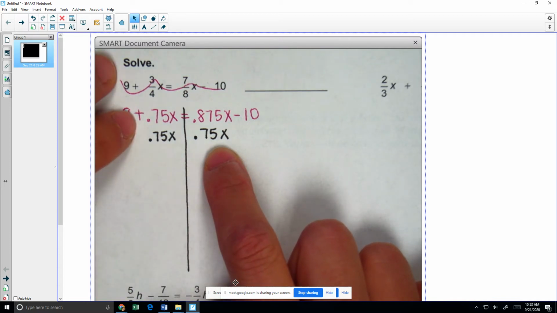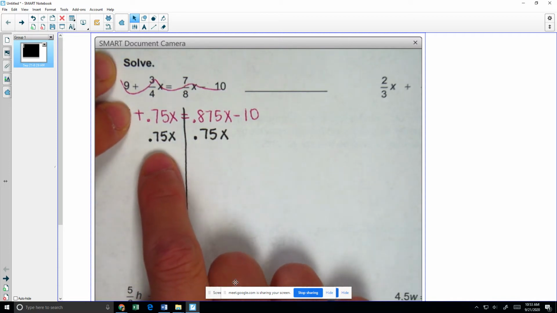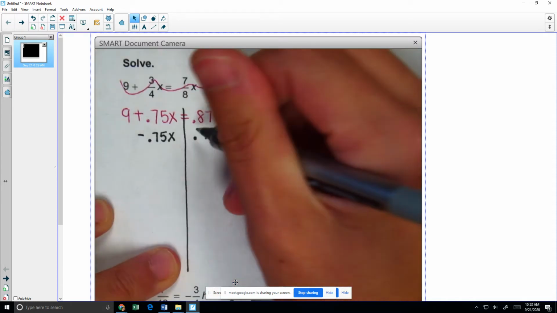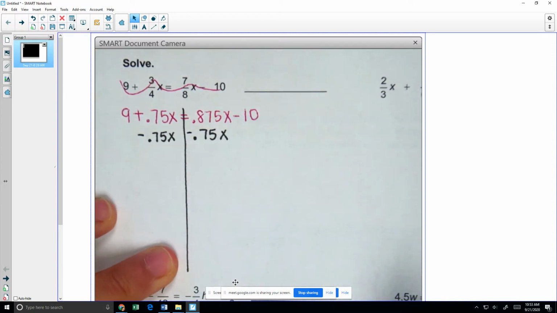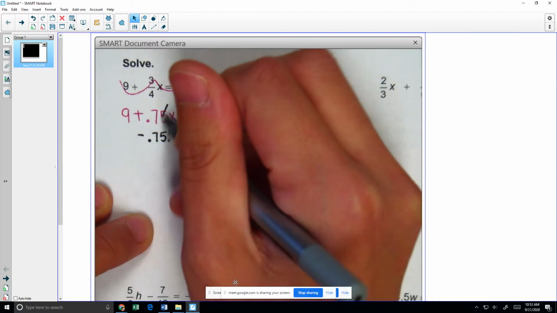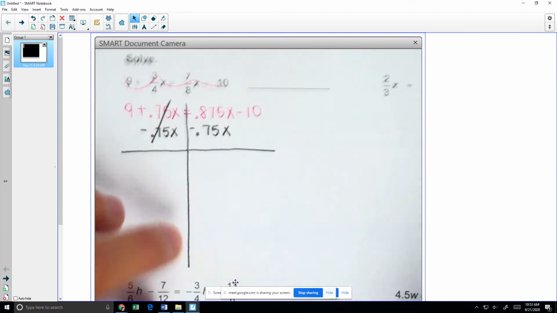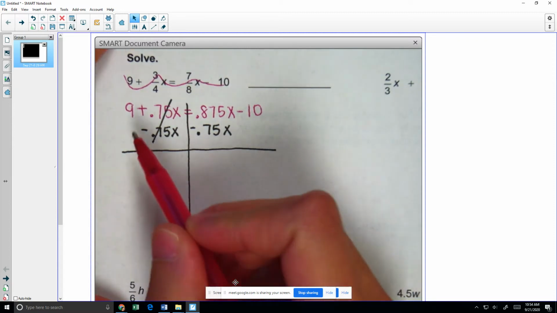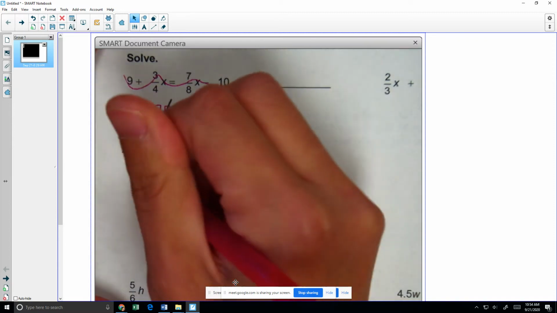Okay, so let's see how I move this. I see a plus 0.75x. So Erin, what's the opposite of plus? Minus, so I'm going to minus 0.75x on both sides. That means this can cancel out, and I'm going to rewrite my whole problem. So let's just drop it down. Here, I have a 9.